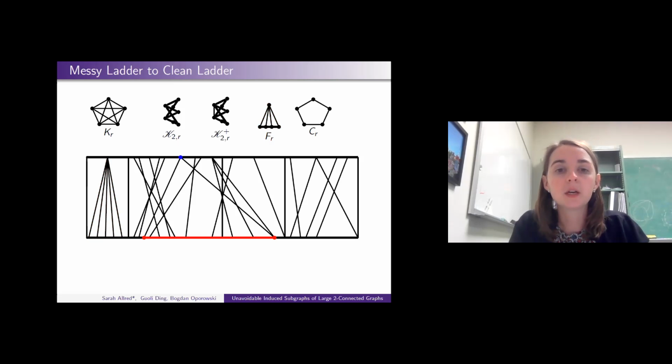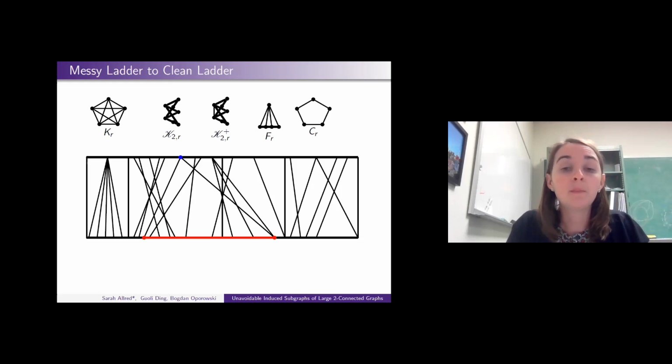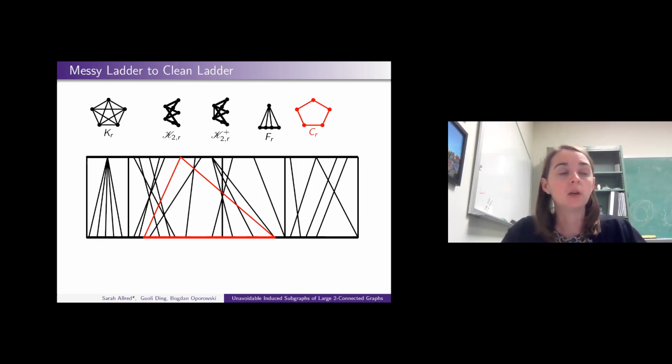The next thing we want to look at is, say we have this blue vertex, and you can see it is incident with 2 rails. And then on the bottom, the red is the part of the rail that is covered by those 2 edges. All right. So if this red segment is really, really long, if it has at least our target order, then we get an induced cycle here, and we're going to have a clean ladder.